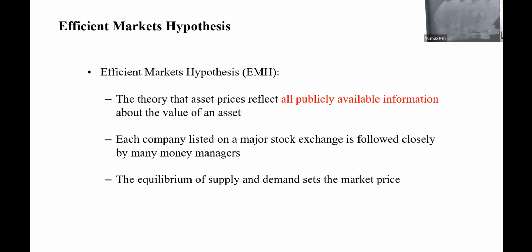If the price is undervalued, lots of managers are going to buy those stocks, which will push the price up to the fair value. So the equilibrium ends up at the intersection of supply and demand. That's the efficient market hypothesis. And if you believe this theory, then you can just close your eyes and pick stocks randomly.